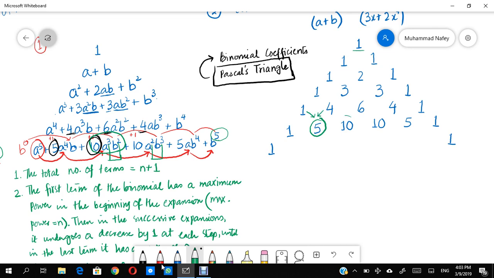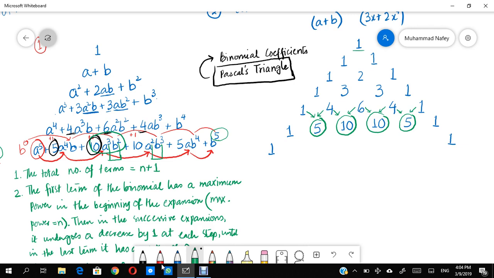How do I obtain this 10 here? This 10 is a sum of this 4 and this 6. How do I obtain this 10? Again, a sum of this 6 and this 4. Then this 5 comes about by the addition of this 4 and this 1.